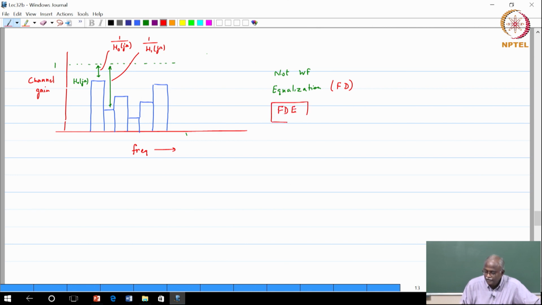So when we say that these multi-carrier signals like OFDM have very simple equalization, what do we mean? Calculate the channel gain, take the reciprocal of the channel gain for those channels, and we are through. A frequency domain equalizer just requires you to compute 1 over hk of j omega, k equal to 0 to n minus 1.